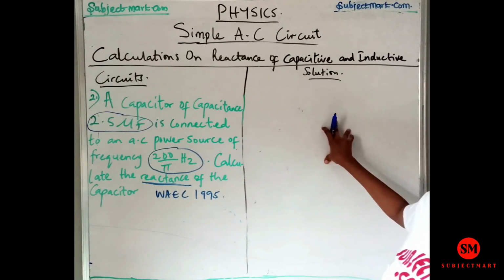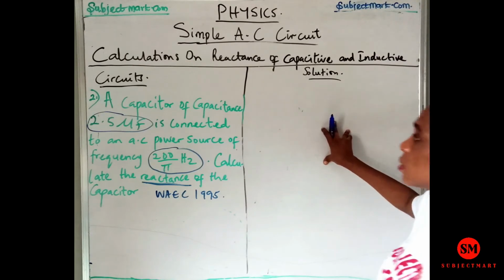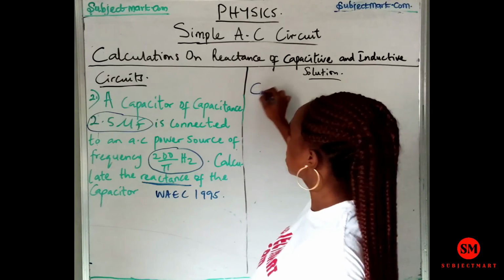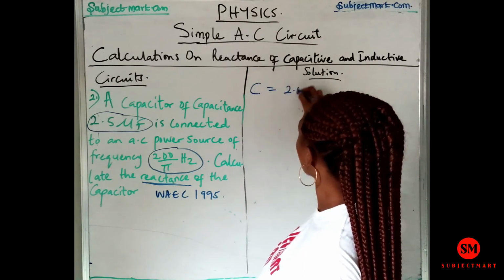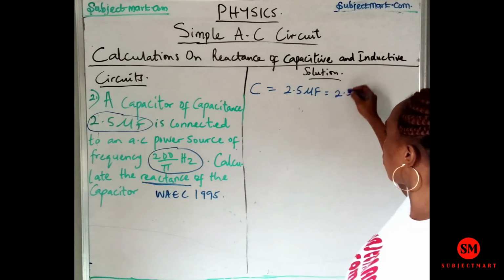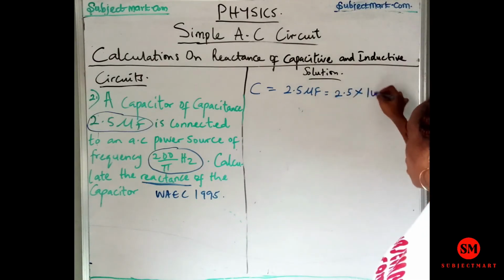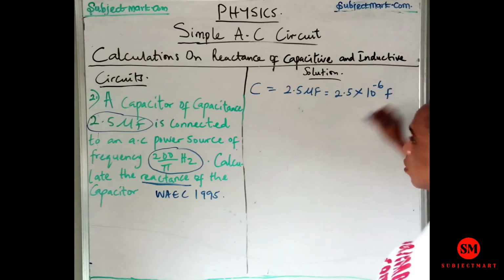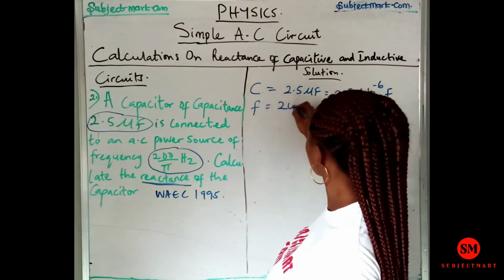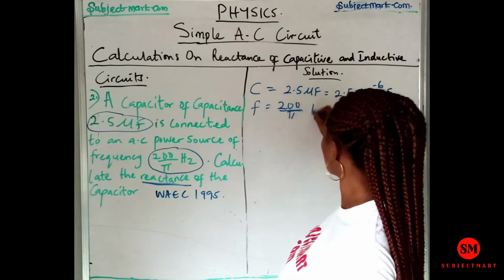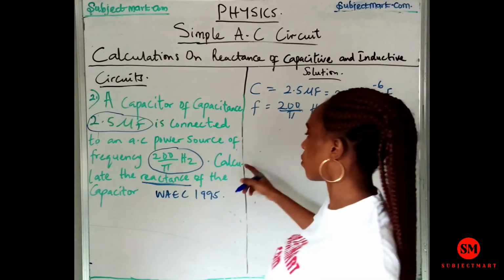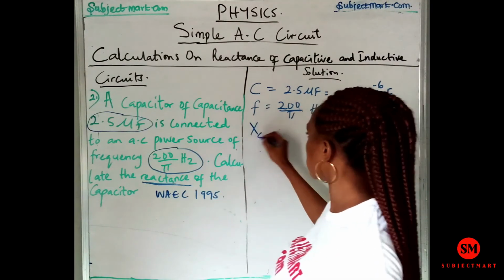So I'm just going to write out our parameters. The first one says that the capacitance is 2.5 microfarad, which is the same thing as 2.5 times 10 raised to power minus 6 farad. We are given the frequency, which is 200 over pi hertz. Now we are asked to find the reactance, XC.